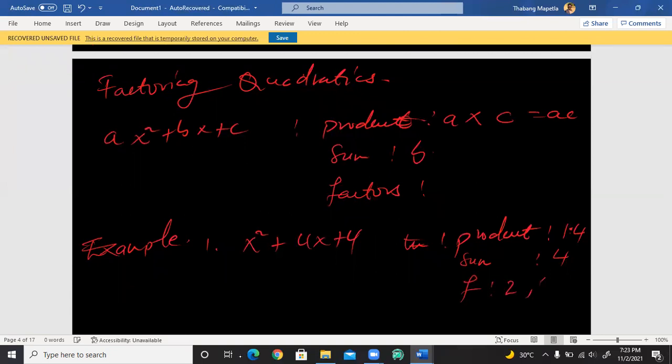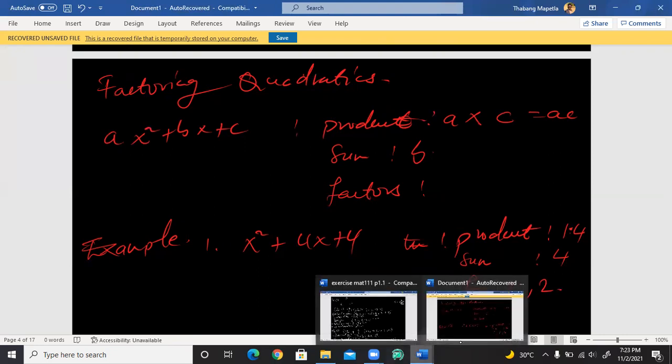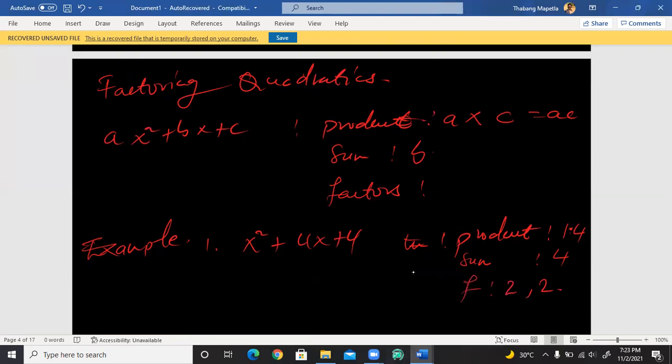Factors are positive 2 and positive 2. So now we are going to remove our sum here and replace it with these factors which, when you add, give you the sum. So it's going to be 2x, 2x. Therefore, we are going to replace that by x squared plus 2x plus 2x plus 4.